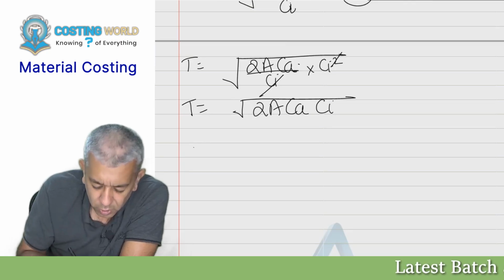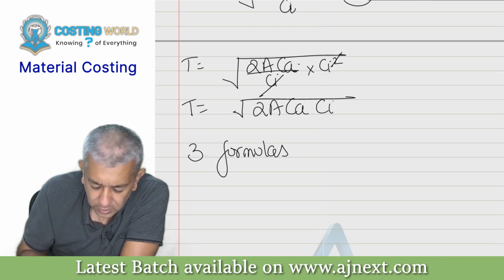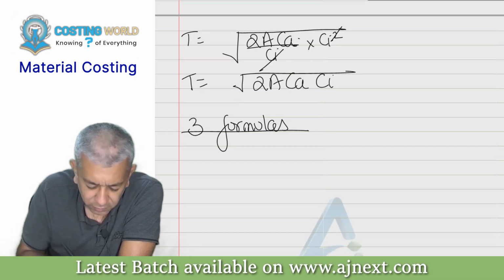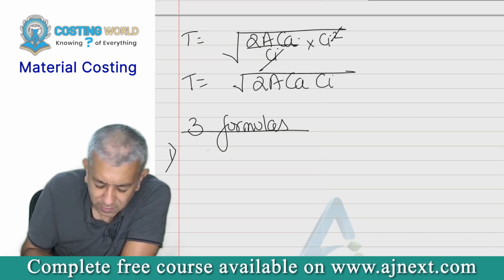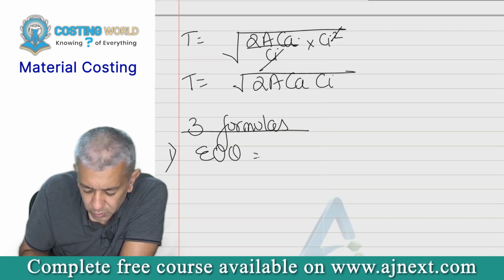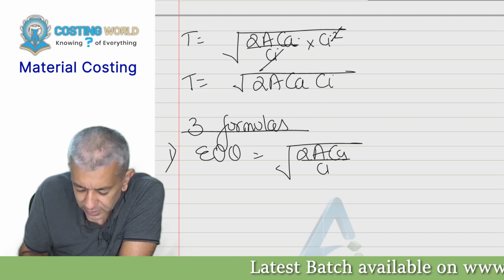Okay. Now you all do one thing. Write down 3 formulas, the 3 formulas that we all have learned, I'm just trying to list them. First, EOQ, square root of 2ACA upon CI.